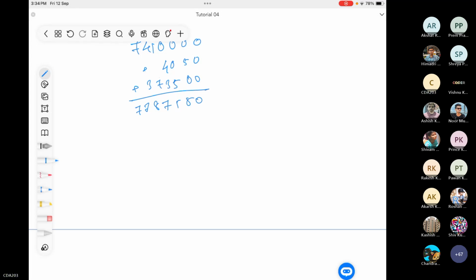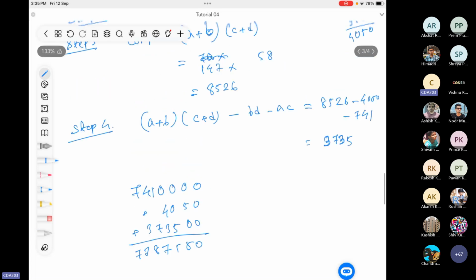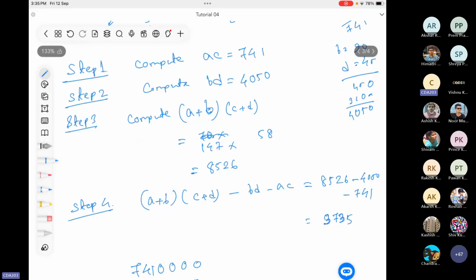So now the question is, how does this work? You just divide the numbers into two parts, then you multiply them and you get it. For two numbers, it's directly coming into the answer for 4 digits.